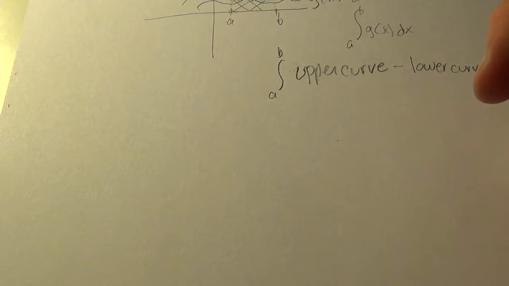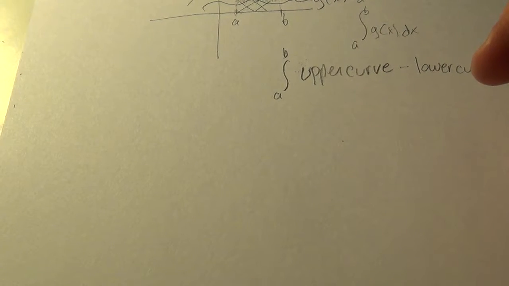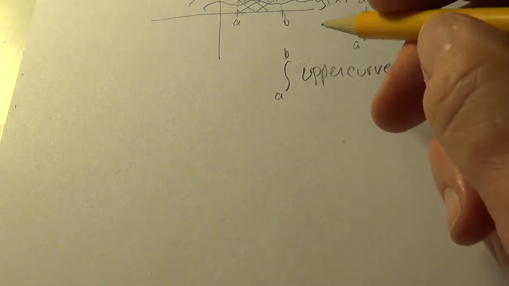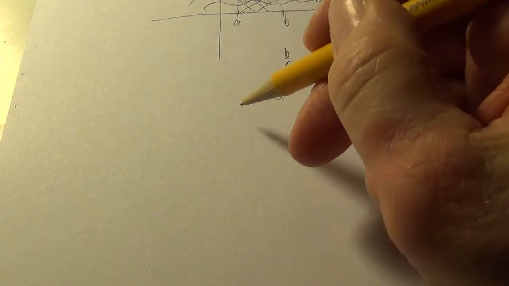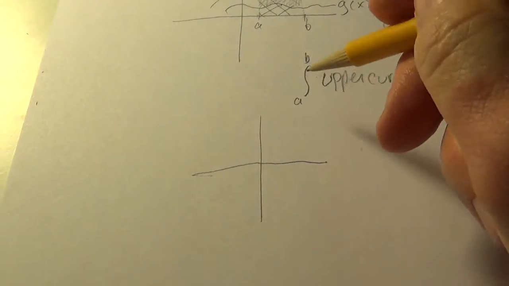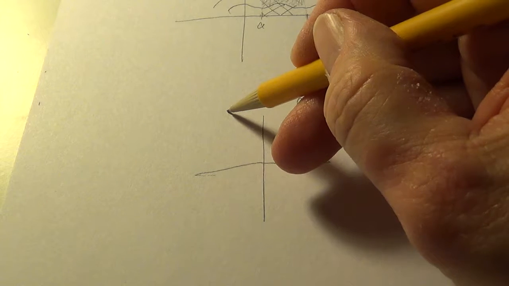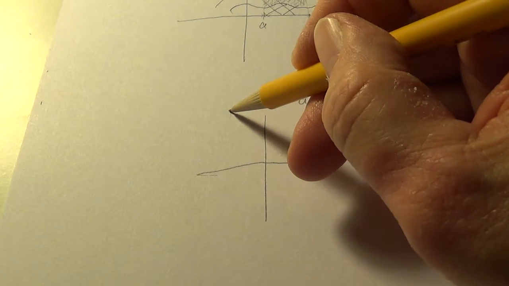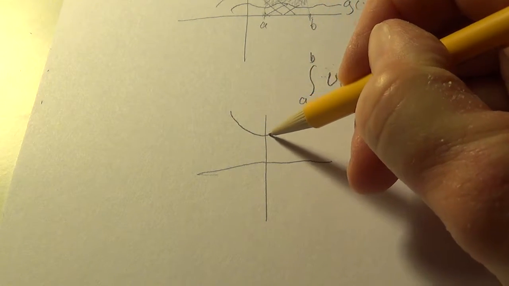So let me give you a specific example. Suppose I want the area between, and before I do that, I do want to have a discussion. Suppose we have one curve like y equals x squared plus 2, something like that.